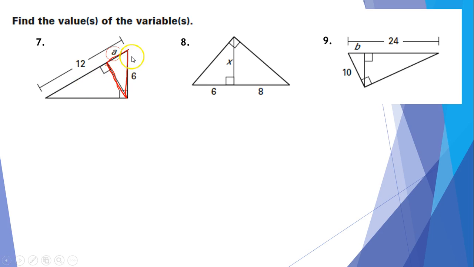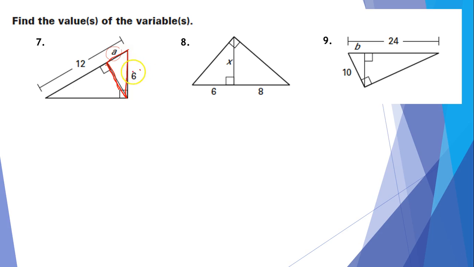So we need to focus on this triangle right here compared to our big triangle that we have here. Finding what A is equal to, I'm going to use the geometric mean leg theorem, because we are given a leg. We don't know anything about the altitude, and we're not asked to find anything about the altitude.